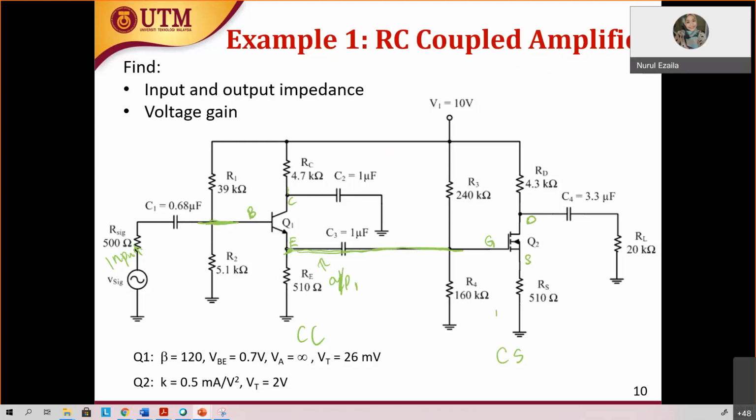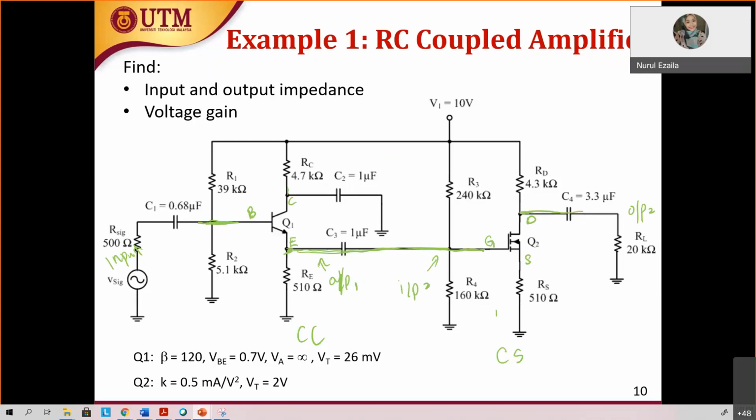Okay, second stage. Since this is the output 1, this is the input 2. So the input is at the gate. Where is the output? Over here. The output is always at RL. So this is output 2, connected to the drain.